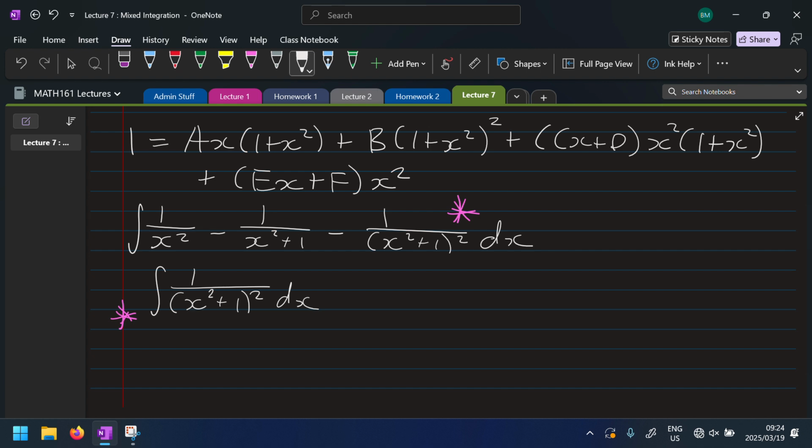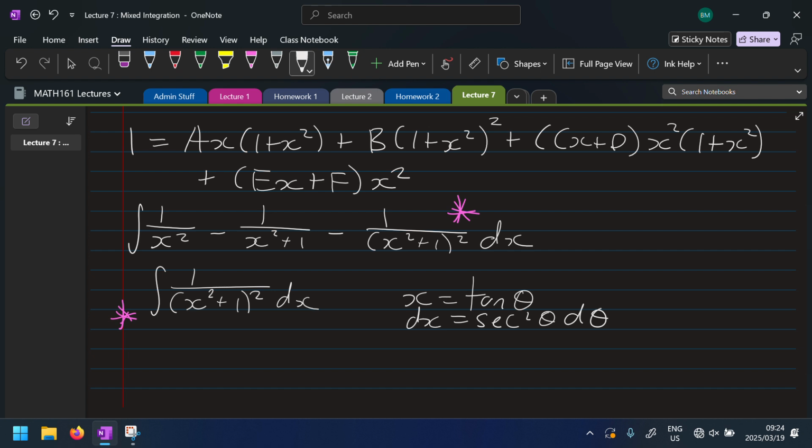I'll do the trig substitution; you do the hyperbolic one. We've got x squared plus a squared, so that's going to be a tan substitution. So x is going to be tan theta, and dx is going to be sec squared theta d theta.